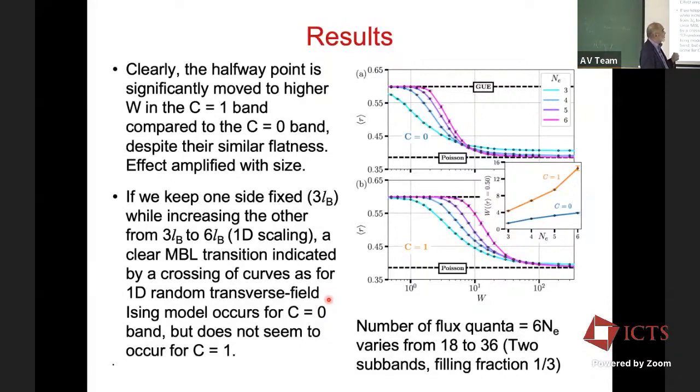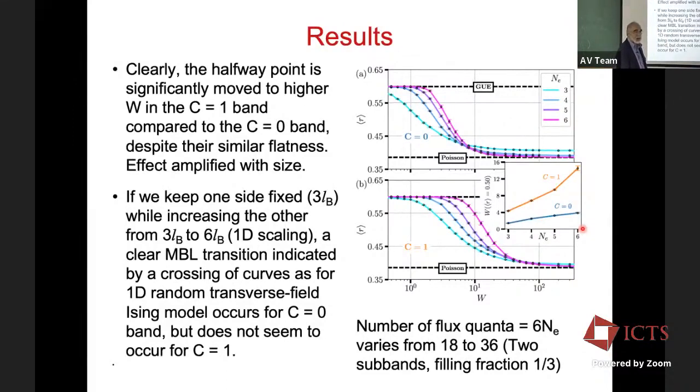But one of the other things we did was to see how the halfway point varied for different sizes. And what you see invariably is that for the Chern 1 band, the halfway point is increasing quite dramatically with the size of the system. It's not going as L to the 4th anymore, it's not quite that dramatic. Whereas for the Chern 0 band, it seems to have the opposite curvature, so it looks like it's going to a finite value.